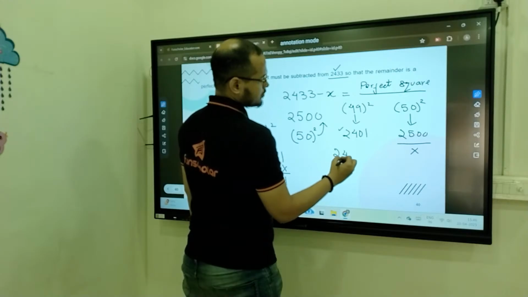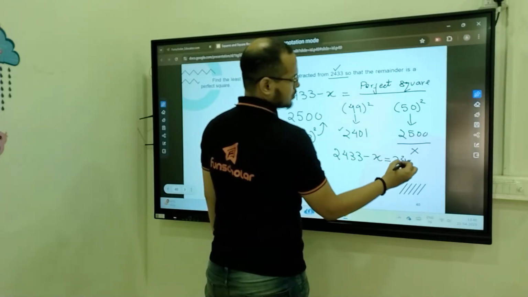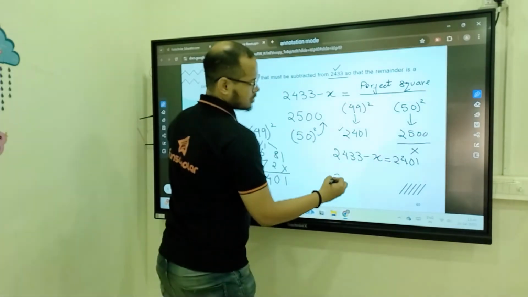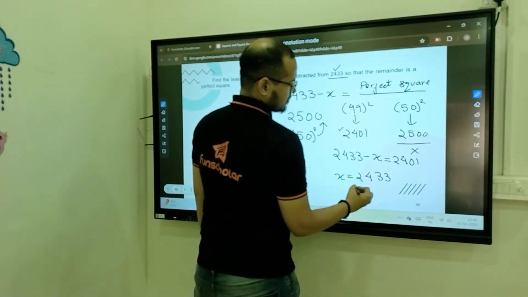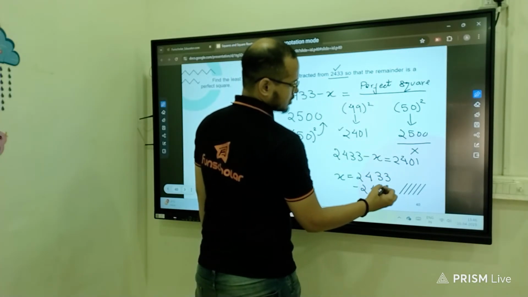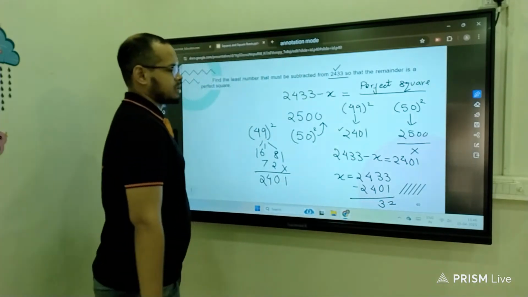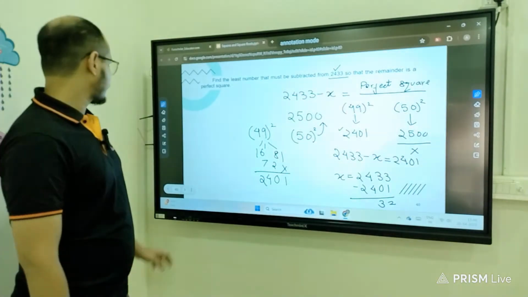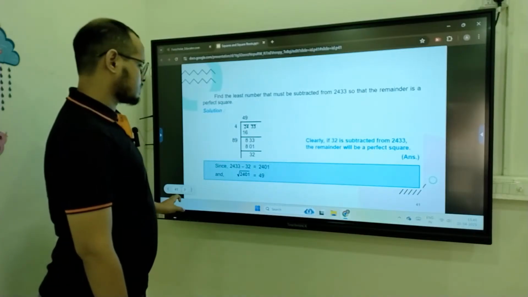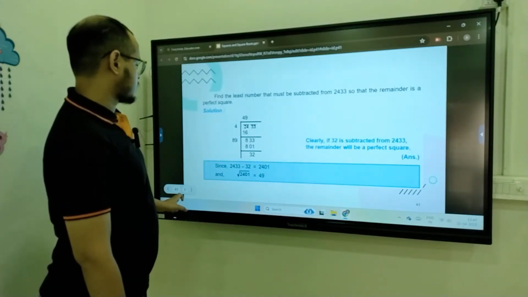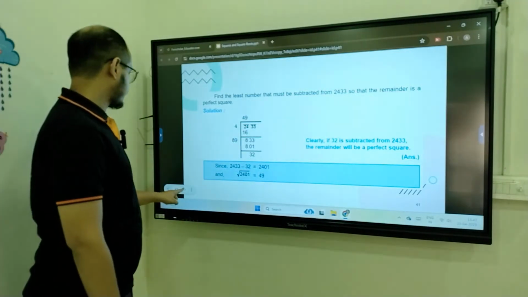So 2433 minus x will give us 2401. The value of x will be 2433 minus 2401. So 32 is the answer. Okay. 32 is the answer. And the square root is 49.